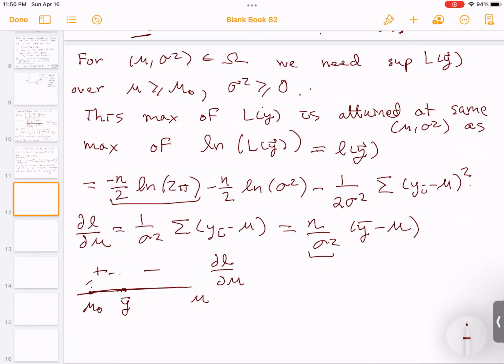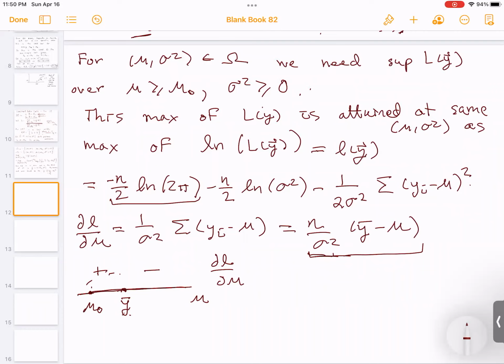So in this case, y bar is bigger than mu 0, and the likelihood is maximized when mu equals y bar. You notice the decoupling here: you don't have to worry about sigma squared. So let's write this down.